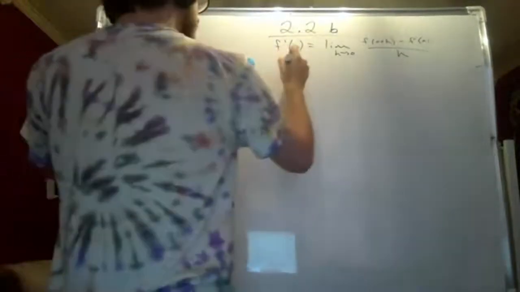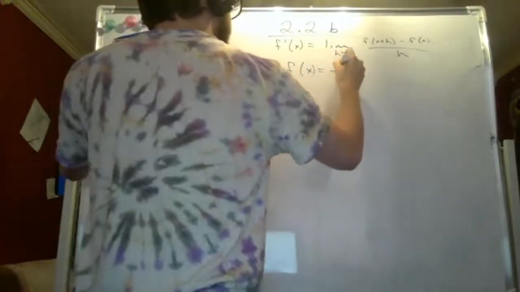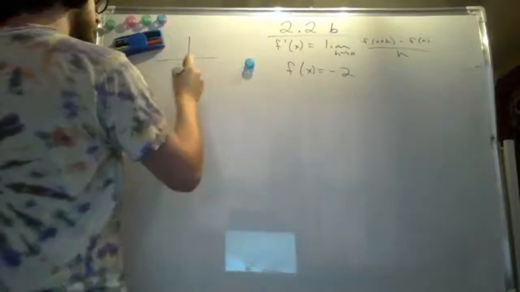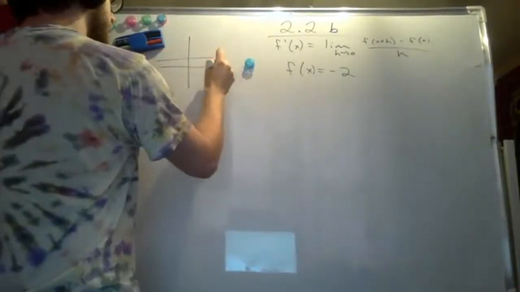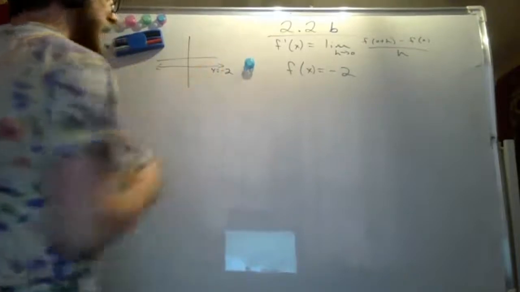So as a first easy example, we have f of x is -2. This is our function, which, if we graph, is the horizontal line at y equals -2.